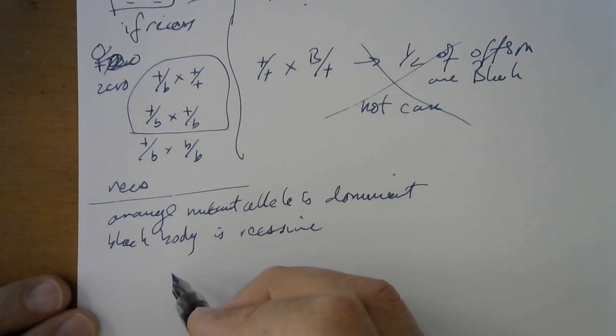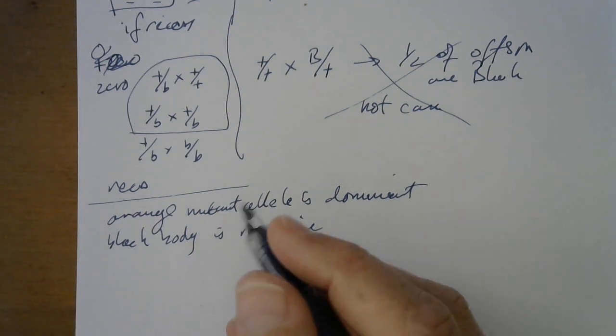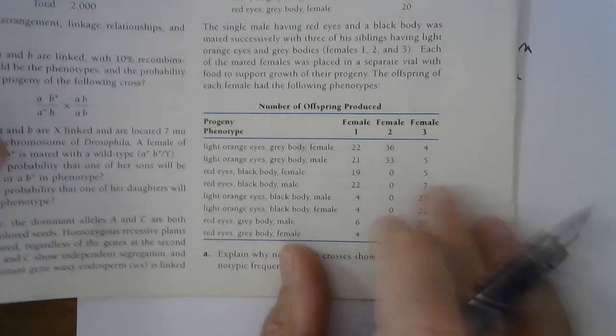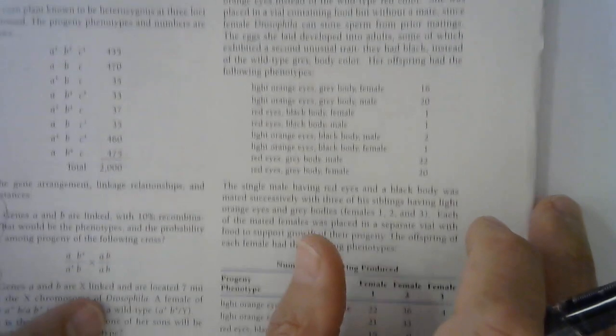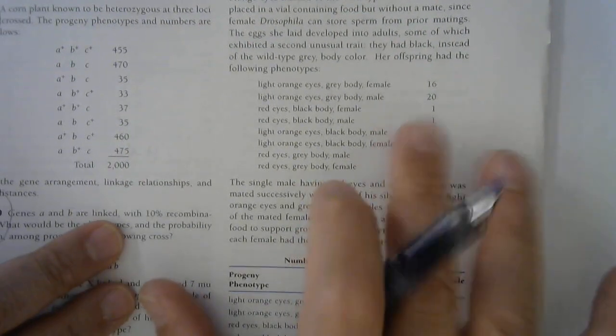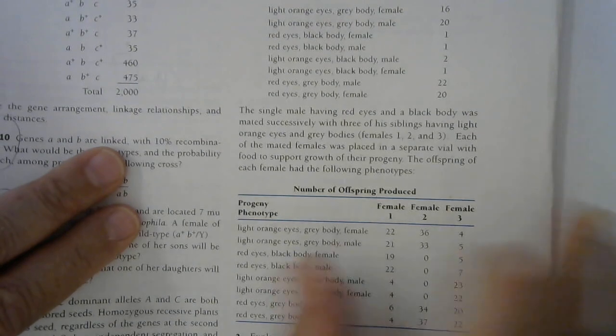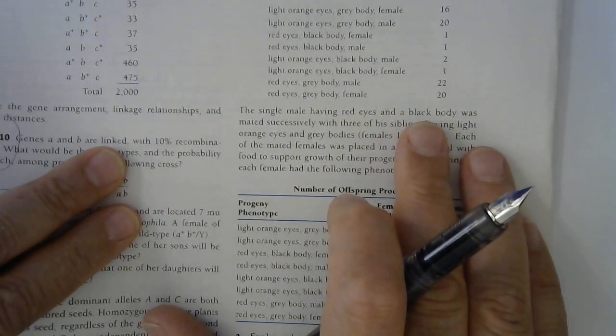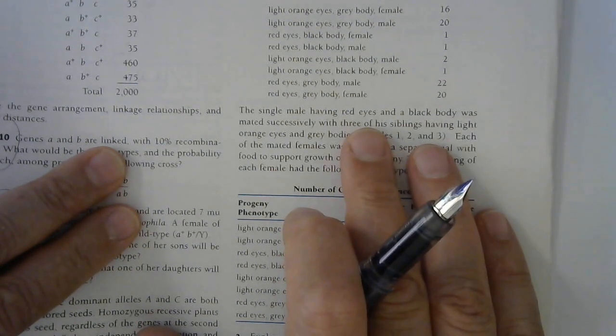We didn't even read what the question is asking us. We're looking at a situation, and that's perfectly proper. Her offspring had the following phenotypes. A single male having red eyes and black body was mated successively with 3.